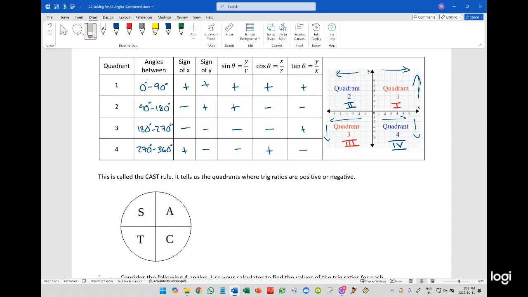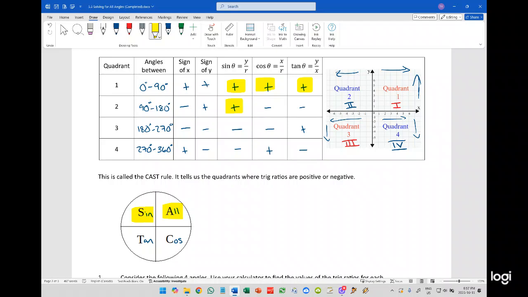Once you memorize that, what this stands for is all, sine, tan, and cos. In quadrant 1, all three trig ratios are positive. In quadrant 2, only the sine ratio is positive.